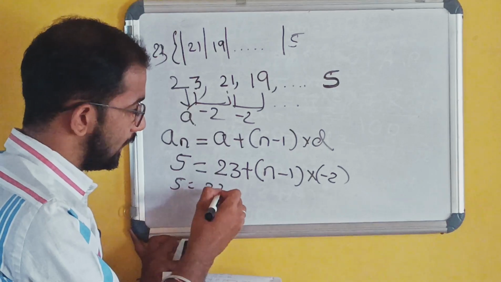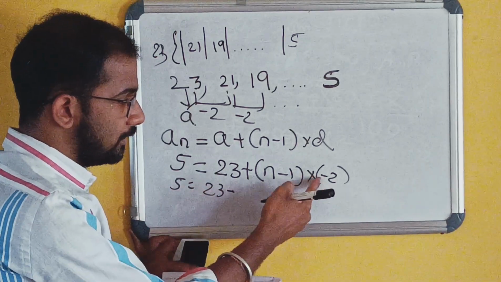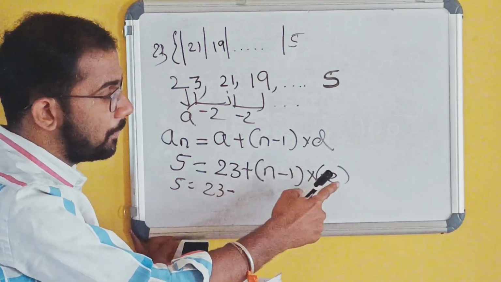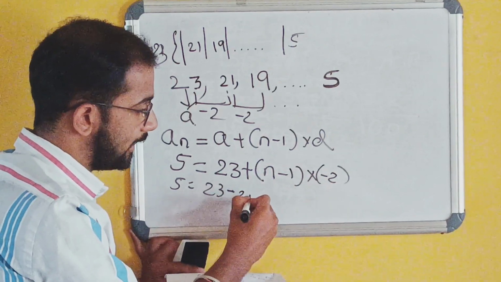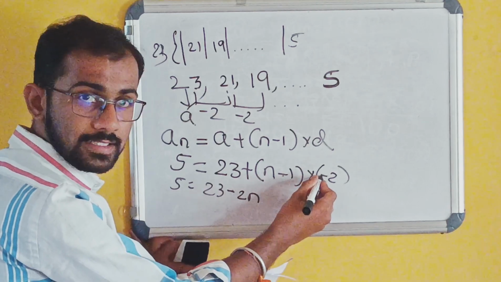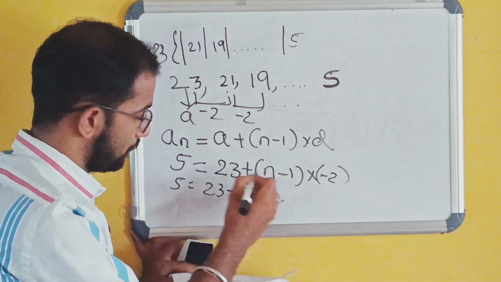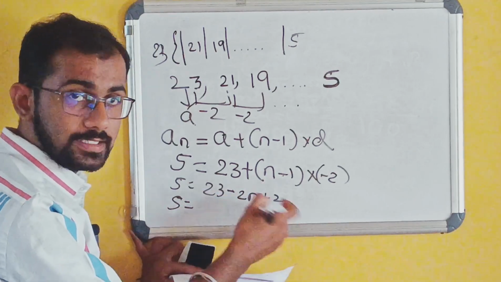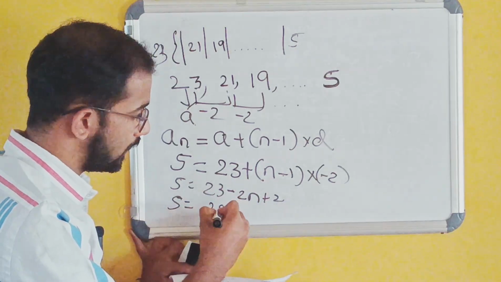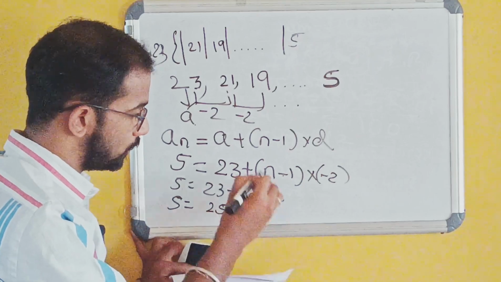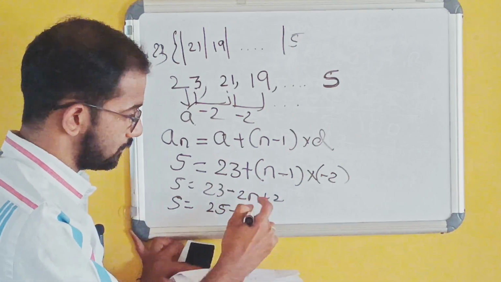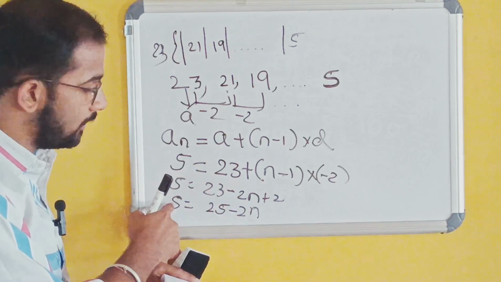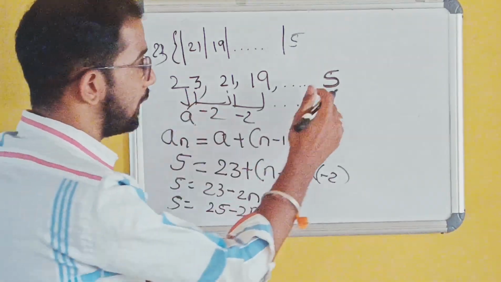So 5 equals 23 plus (n minus 1) times minus 2. Term by term multiplication: minus 2 times n is minus 2n, and minus times minus gives plus 2. So 5 equals 23 plus 2 minus 2n. What is 23 plus 2? 25, minus 2n. Shift minus 2n to the other side and 5 to the other side.